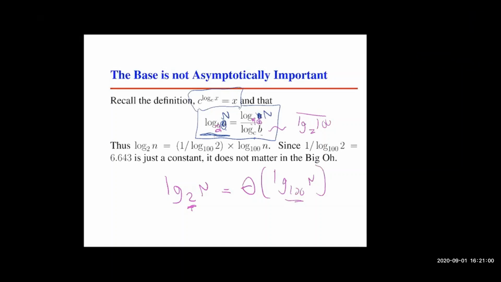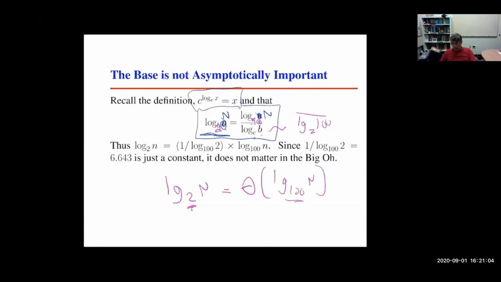How did you get the theta notation? Well, what do I say? The theta notation means what? That there's a constant. What do I know? Suppose I know that log base 2 of n is equal to log base 100 of n divided by the log base 2 of 100.